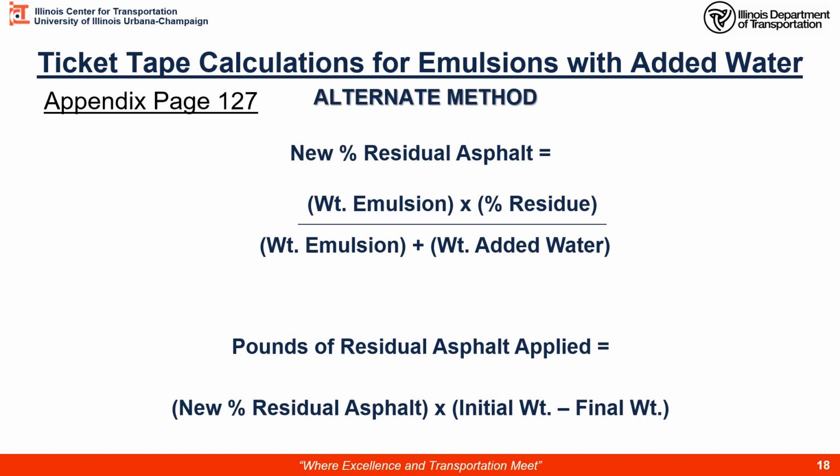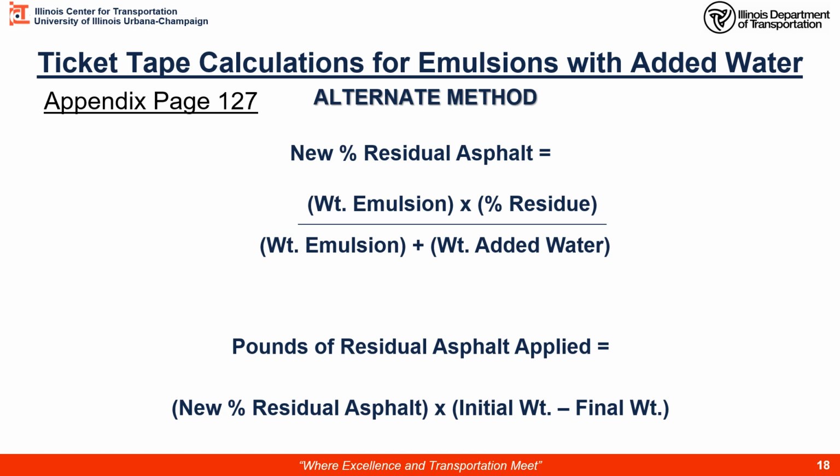So that will give us the residue on the top of our equation. And then below, the denominator, we're going to have the total materials, which is the original emulsion, which is the residue plus water of the emulsion, plus the added water. So this is everything together. And then we're going to calculate a new percent of residual material.